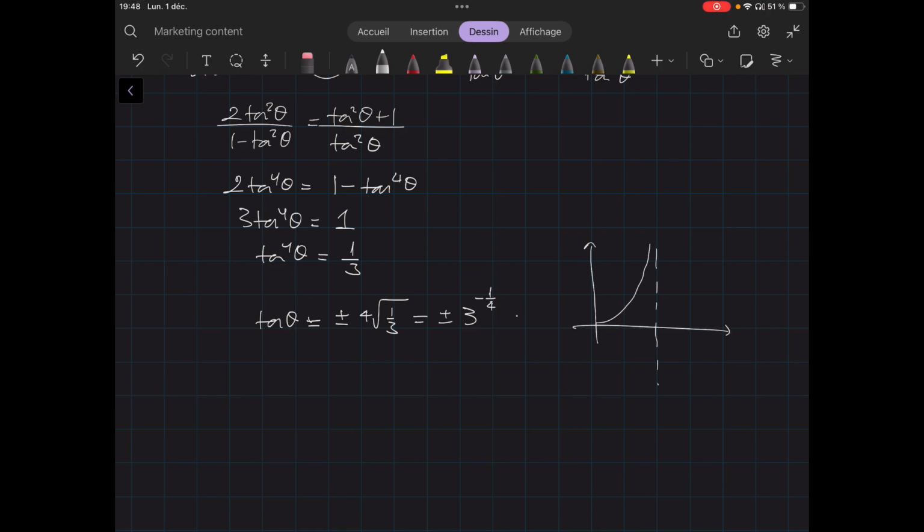You just need to get the behavior of the function from this. Therefore, look at the sketch. We deduce that we have to reject the negative root. So tan theta is equal to 3 to the power of negative 1 by 4.